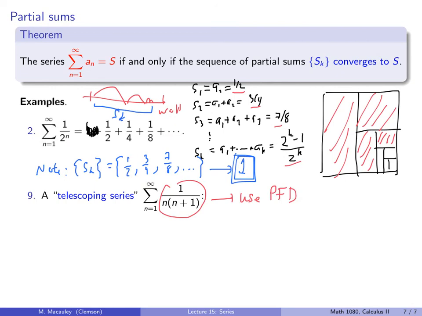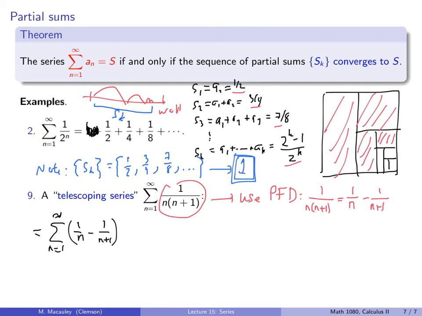You get that this fraction actually equals 1 over n minus 1 over n plus 1. I'll let you check that if you want to. So what that means is that this series, watch this, you're going to like this, the series from n equals 1 to infinity, is equal to 1 over n minus 1 over n plus 1.